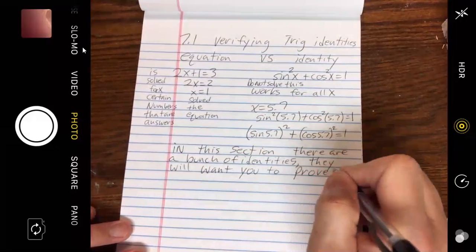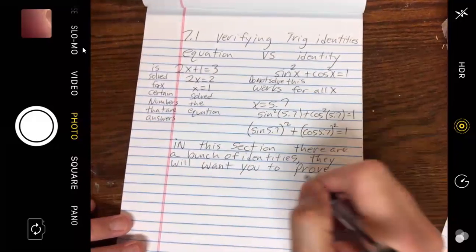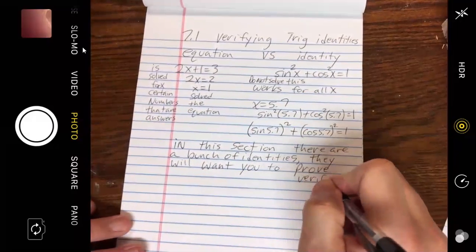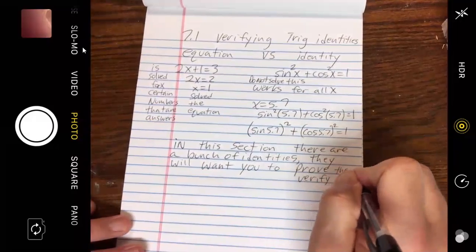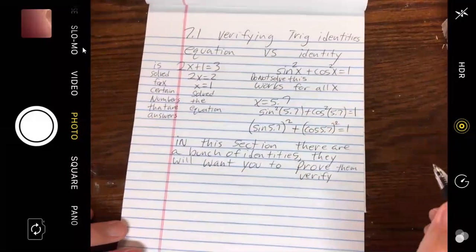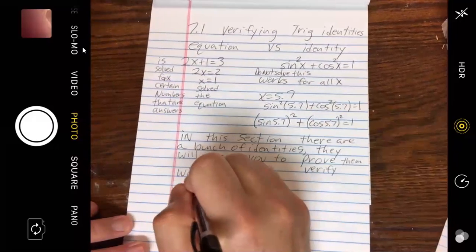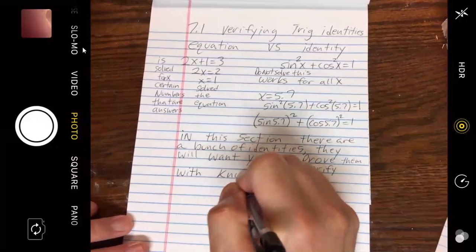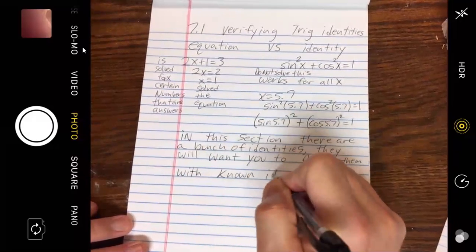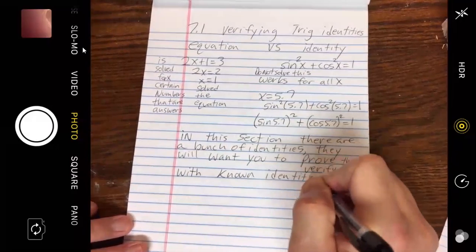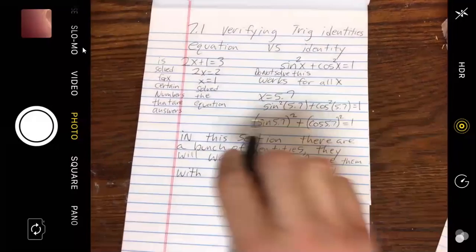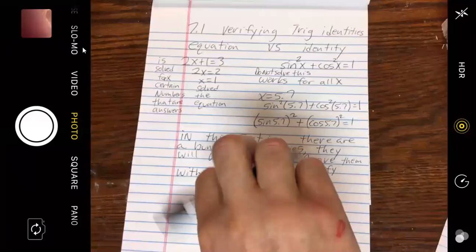You can say prove them. If that word prove frightens you, verify them with known identities. What are the known identities? Well, they're on page 574.